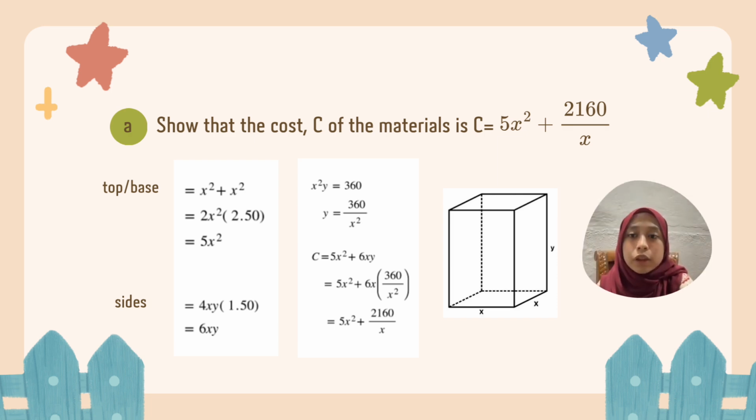Then substitute y equal to 360 over x squared into the equation 5x squared plus 6xy. The final answer that we get is 5x squared plus 2160 over x, which is the same as the given equation.